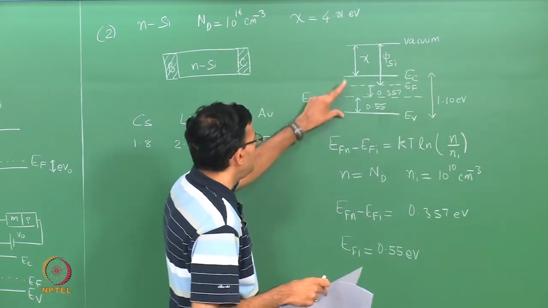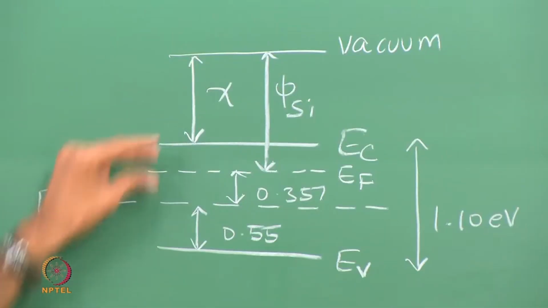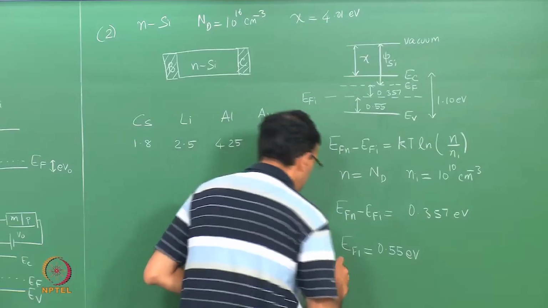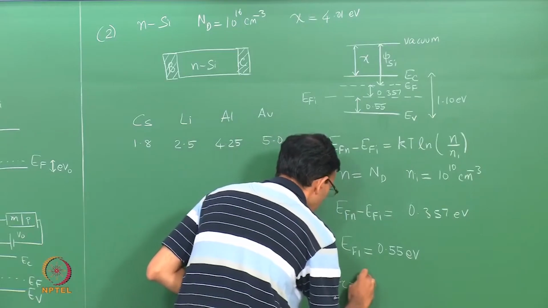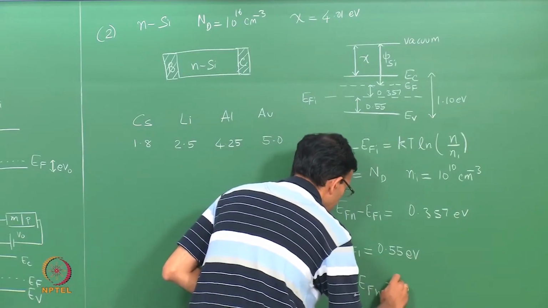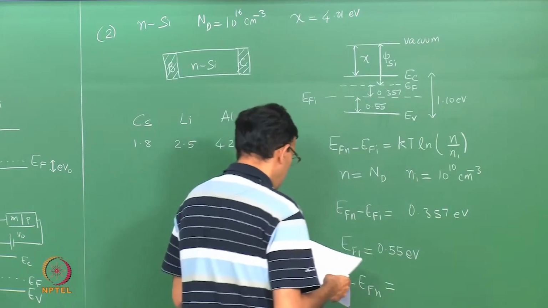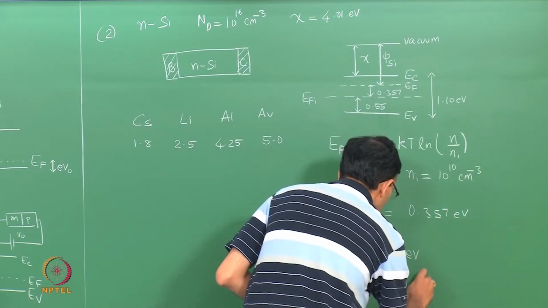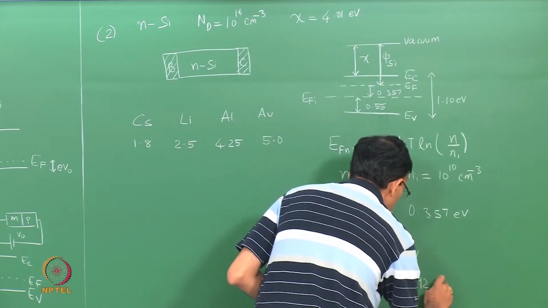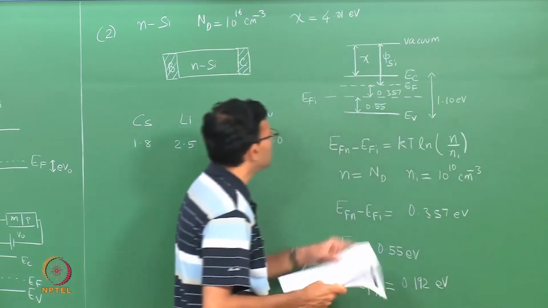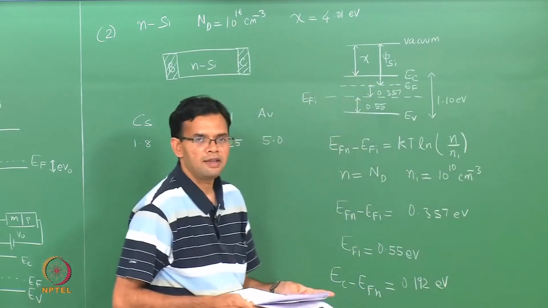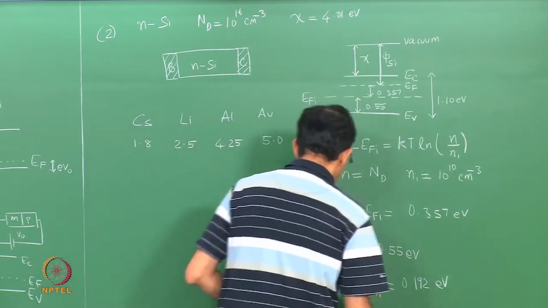So, everything else is known except for this. So, EC minus EFN is nothing but 0.192. So, from this we can calculate the work function of the silicon.